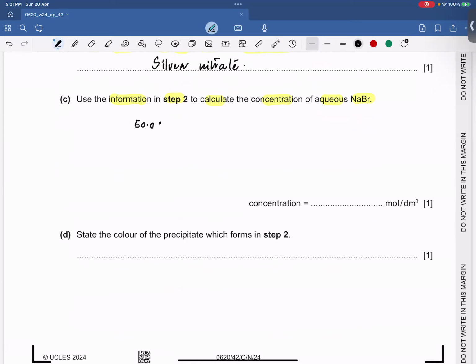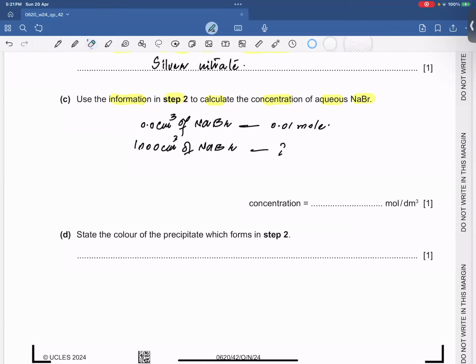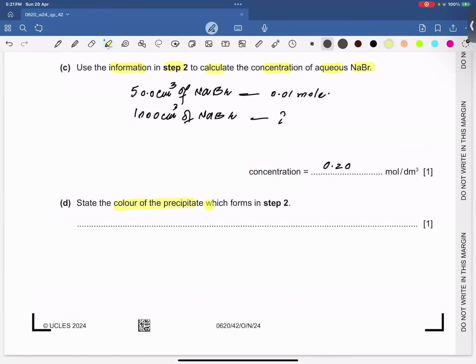So 50.0 cm cube of NaBr contains 0.01 moles. So if you have 1000 cm cube of NaBr, the concentration will be 0.01 times 1000 divided by 50, it's going to be 0.2 mole per dm cube. Okay, state the color of the precipitate which formed in step 2. I said creamy precipitate.